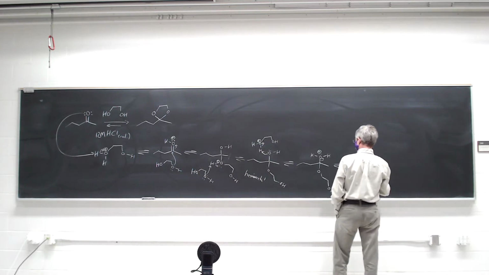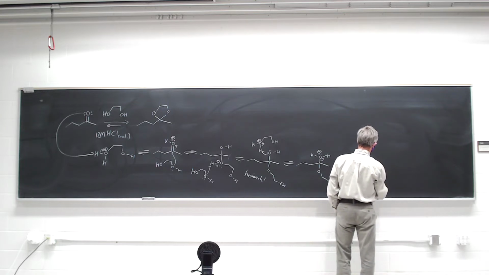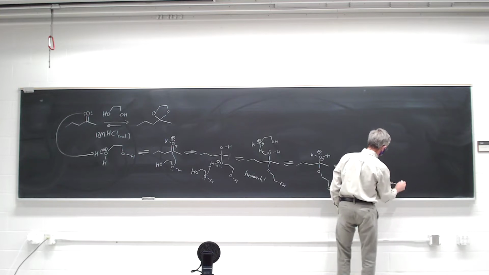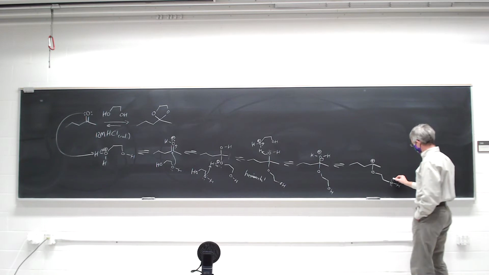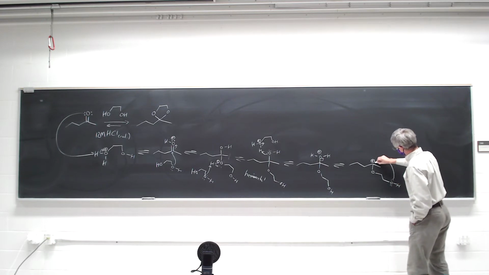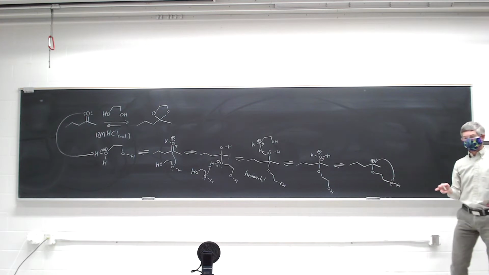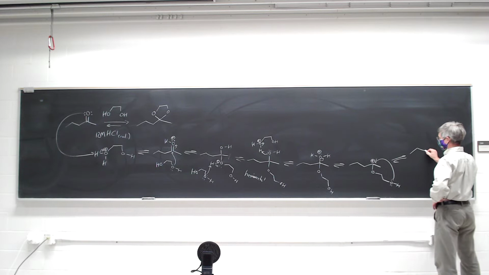I showed it being pushed out last time, so I'll show it just leaving today. And then because this is an intramolecular reaction, the likelihood of this lone pair on this other oxygen colliding with that through a 5-member ring is quite high. So this step is enhanced by the fact that it's intramolecular.